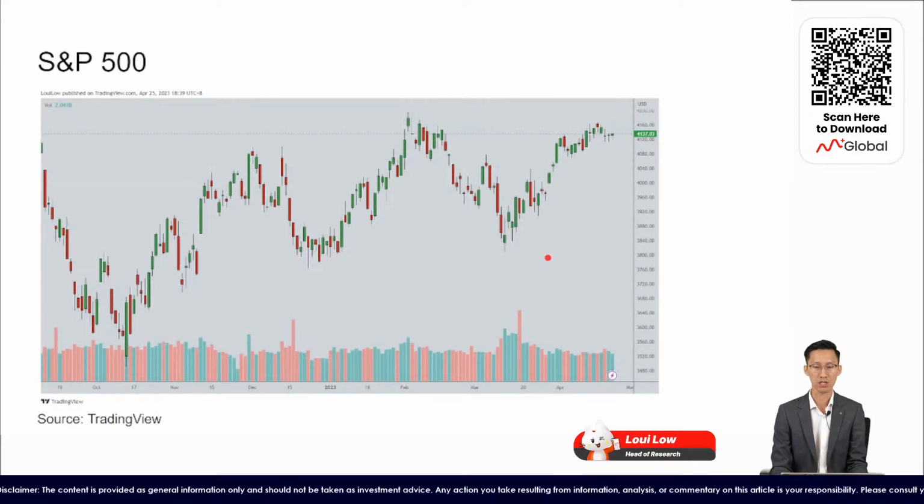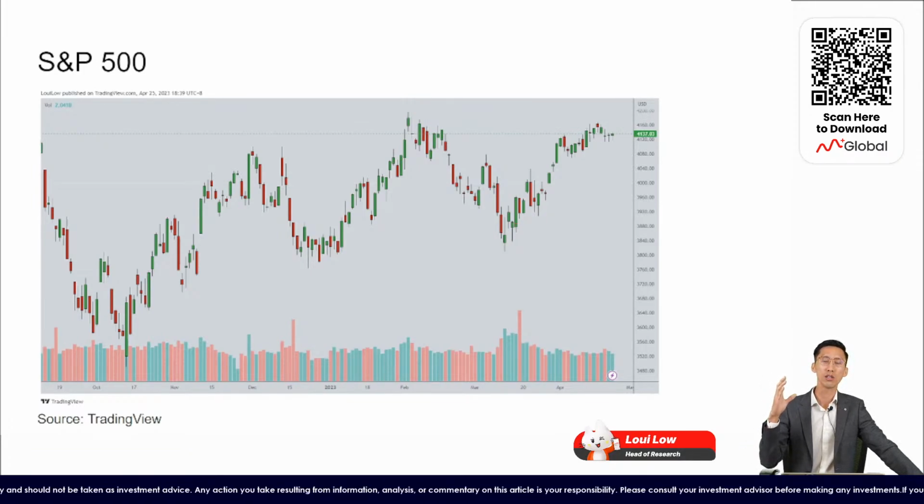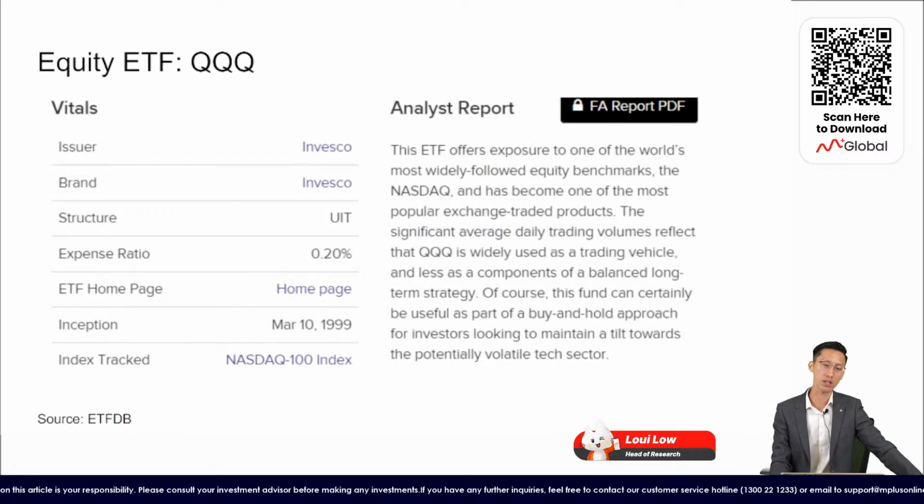Whenever you think the market is going higher, you can use that as one of the tools to buy SPY to gain exposure to the S&P 500. So you need not go into buying every counter inside the S&P 500. That is the whole idea here.